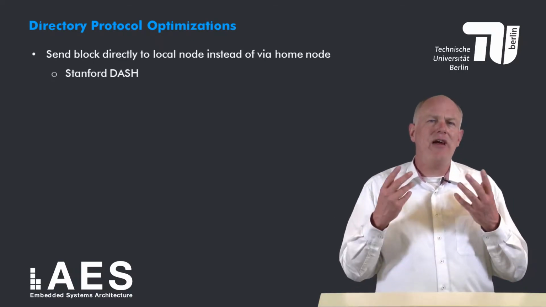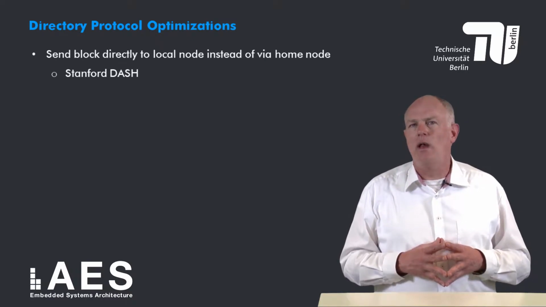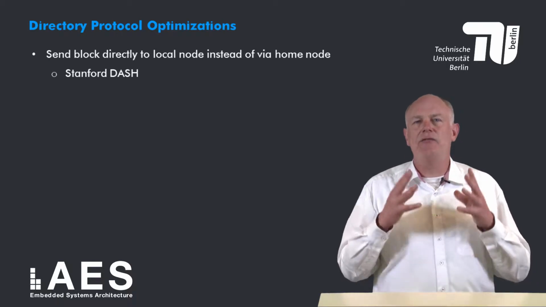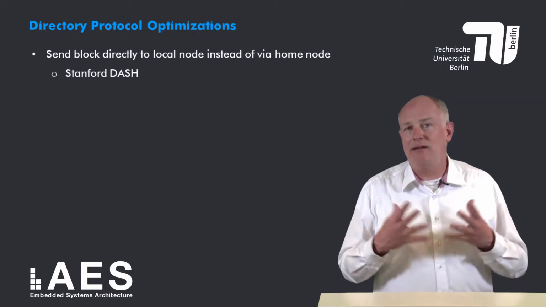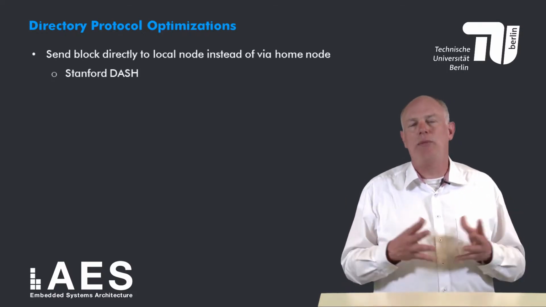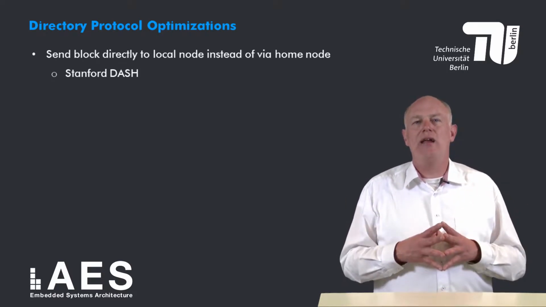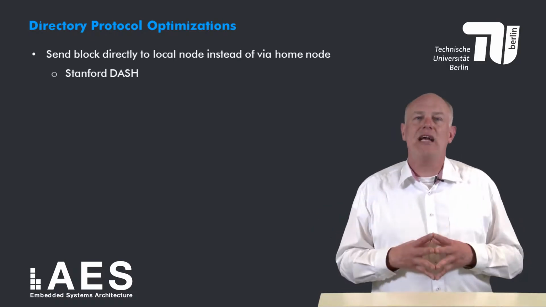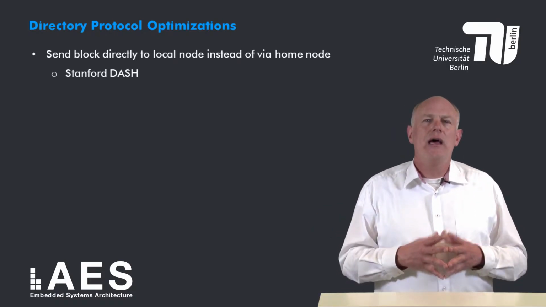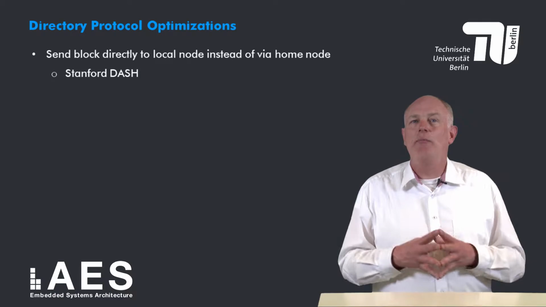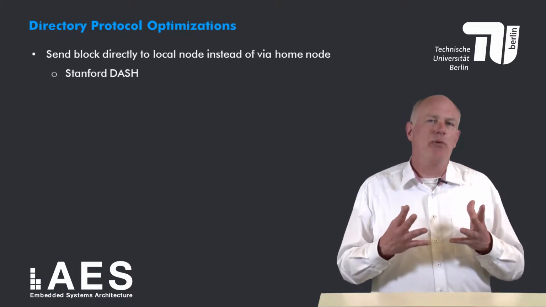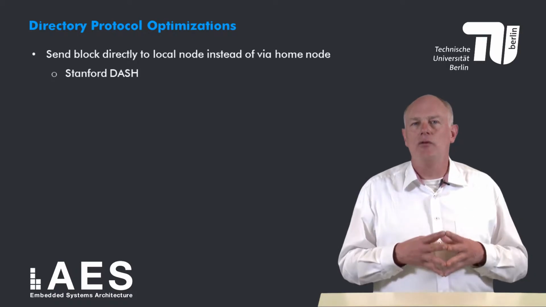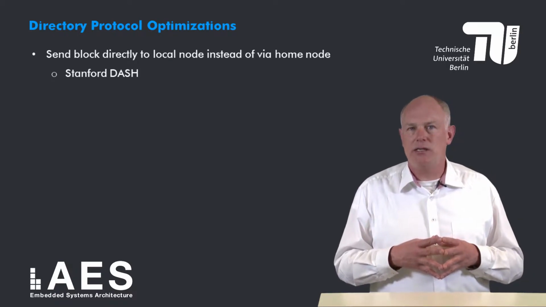This is in fact a variation of the baseline protocol implemented in the Dash multiprocessor, which was developed in the late 1980s by a group led by Anoop Gupta, John Hennessy, exactly the author of the textbook, and others. Dash, by the way, is the acronym of Directory Architecture for Shared Memory, and this multiprocessor had a lot of influence on other multiprocessor designs.